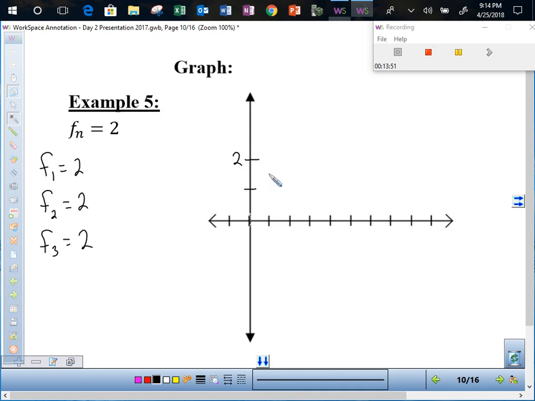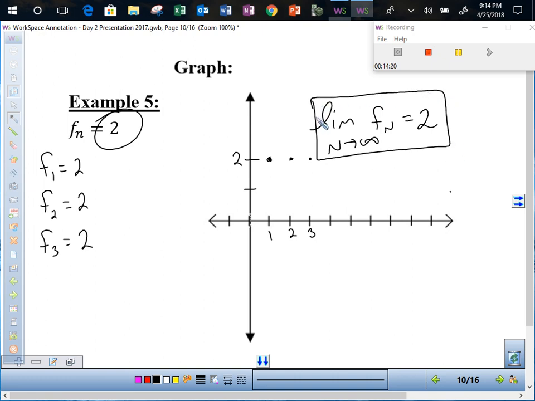This limit, since this is a constant, is 2. So I'm going to say that the limit as n approaches infinity of f of n is 2. Quick moral of that story, whenever you have a constant, that is your answer.